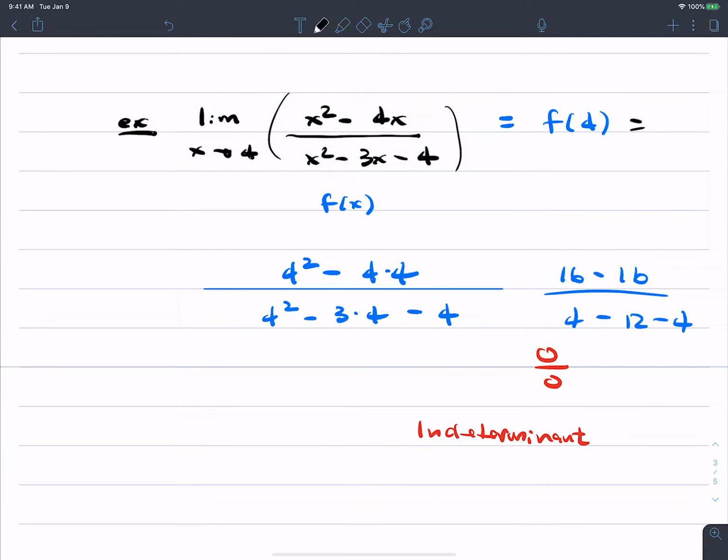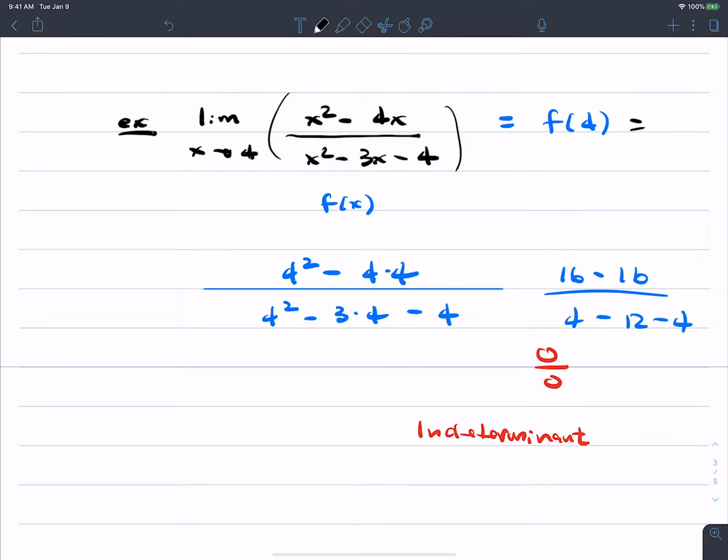Let's proceed to another interesting example where we get to use algebra for an indeterminate form. We get 1 over x minus 1 over x squared plus x. Again, this is my function f, and we're going to use direct sub, and we end up with 1 over 0 minus 1 over 0 squared plus 0.